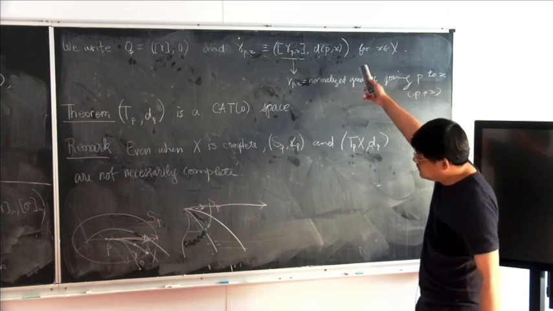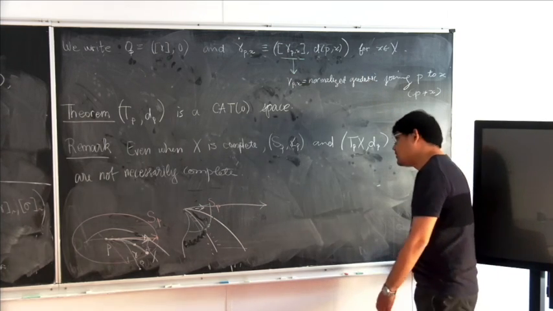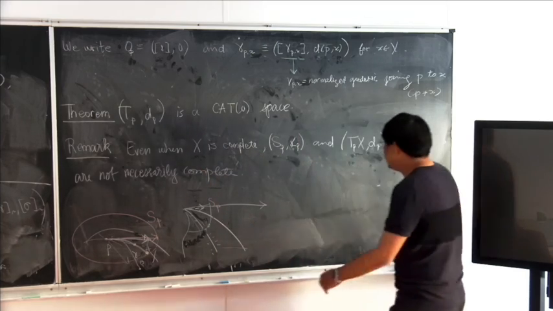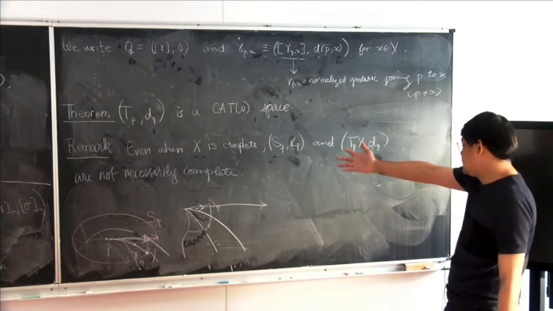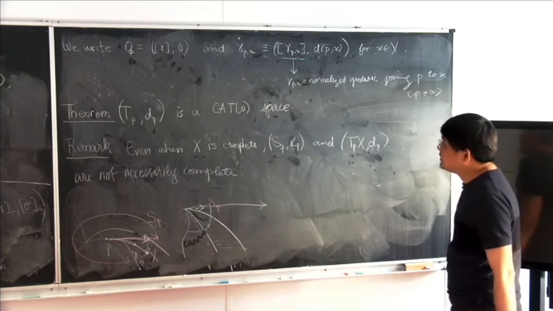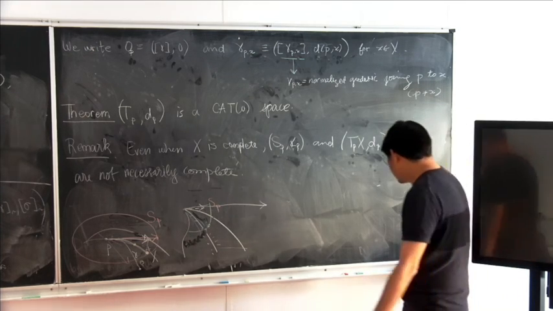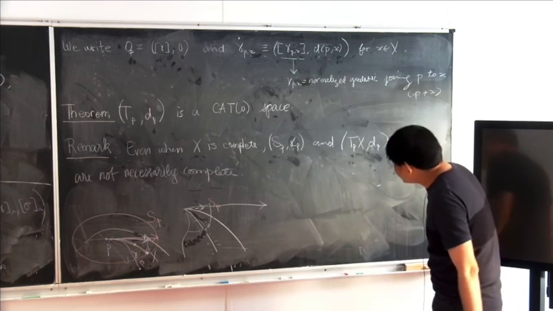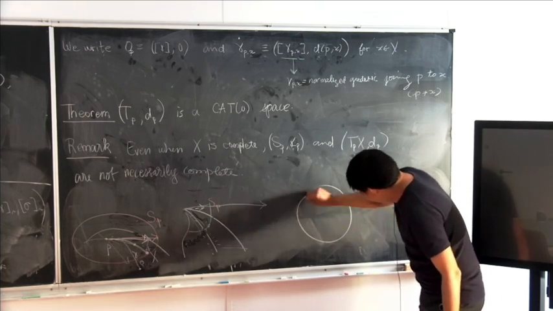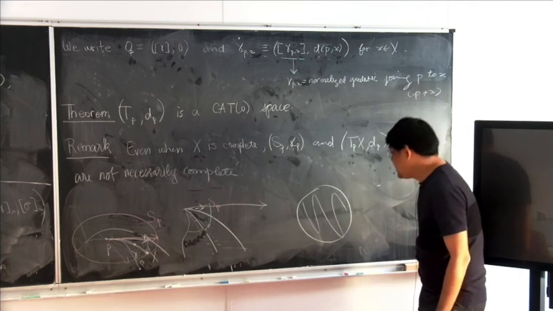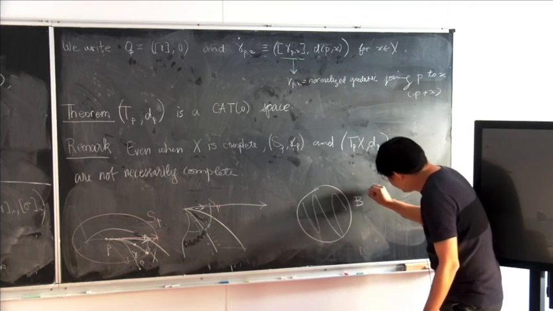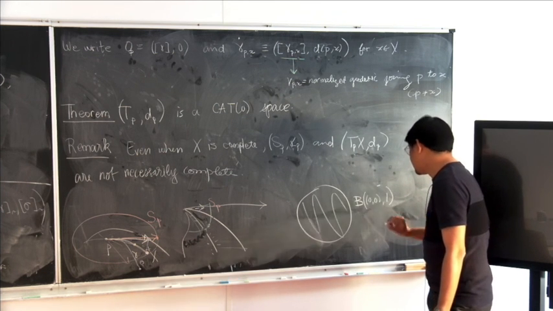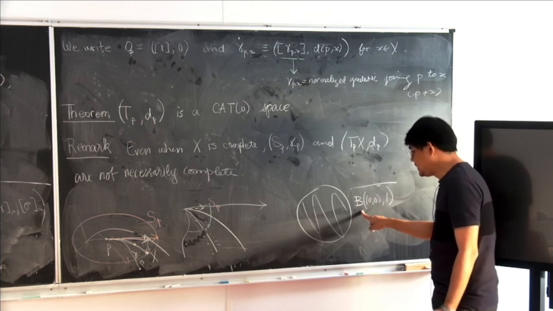And also for this, why do I say that even when X is complete, the space of directions and the tangent space can be incomplete? We can take a really, really simple example. I will take a unit ball, a closed unit ball centered at the origin of R2, radius 1.